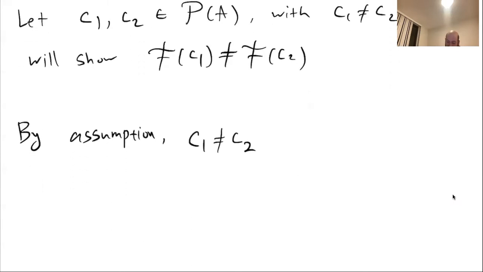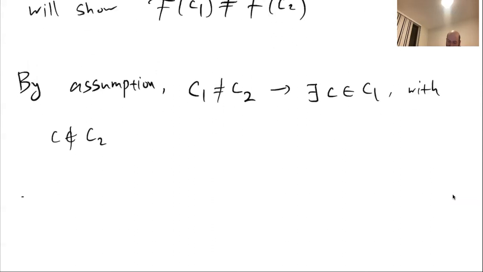So that means there exists some c in C1 with c not belonging to C2, or there exists some c in C2 with c not belonging to C1.